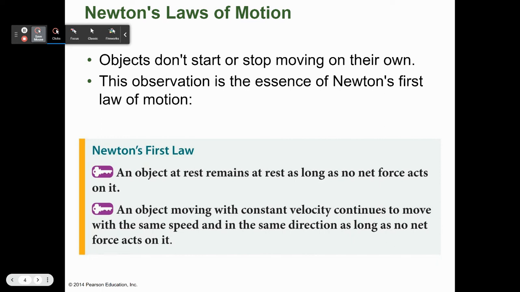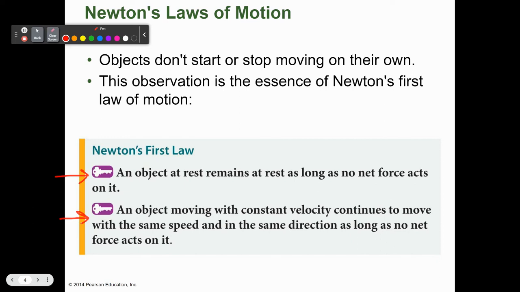So here are the two key parts of Newton's first law. You want to make sure that you have those written in. An object at rest stays at rest as long as no net force acts on it. And an object that's moving continues moving as long as nothing changes.